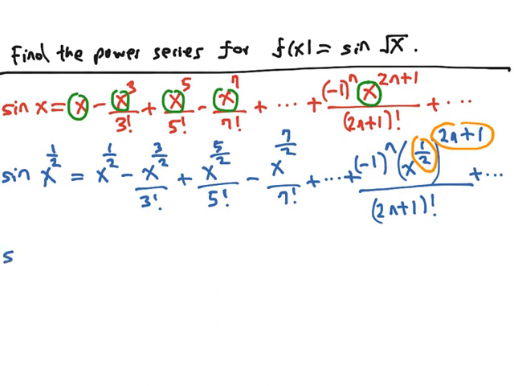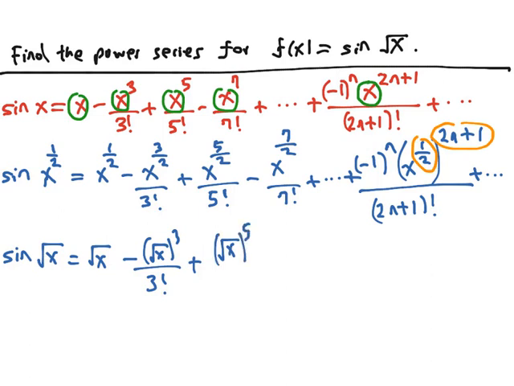If you, for example, did not want to write the square root of x as x to the 1/2, you could have just left it as a radical expression, and if you'd done that, then you would have the square root of x minus the square root of x to the 3rd power over 3 factorial plus the square root of x to the 5th power over 5 factorial minus the square root of x to the 7th power over 7 factorial, and so on.